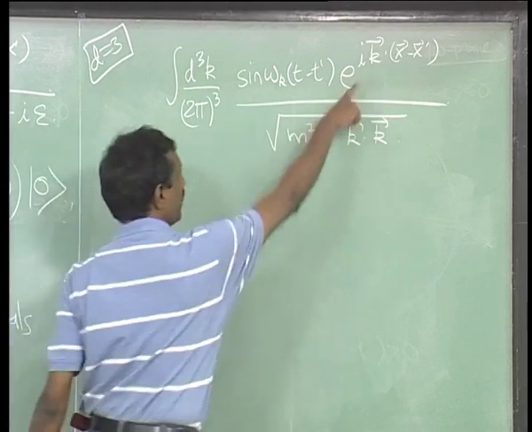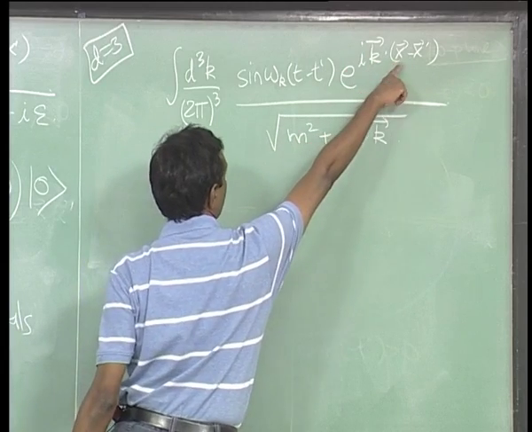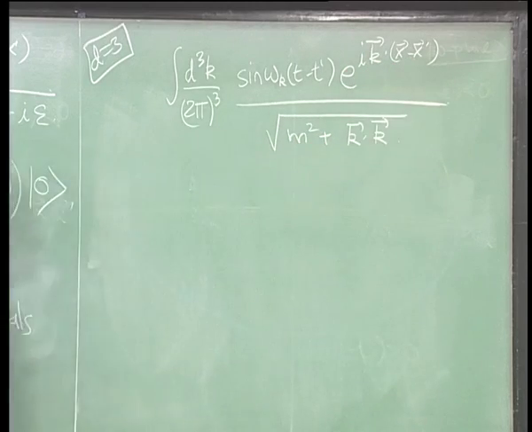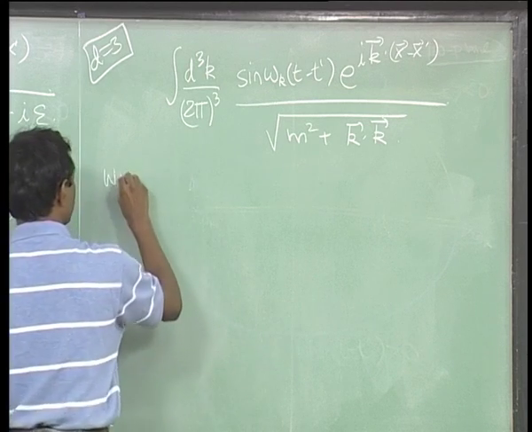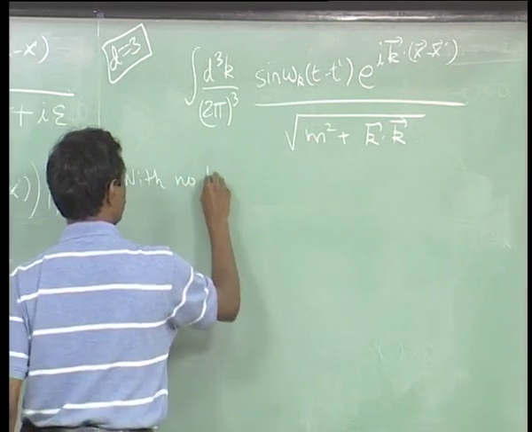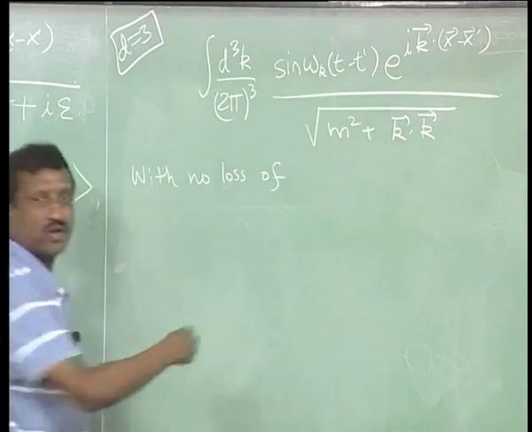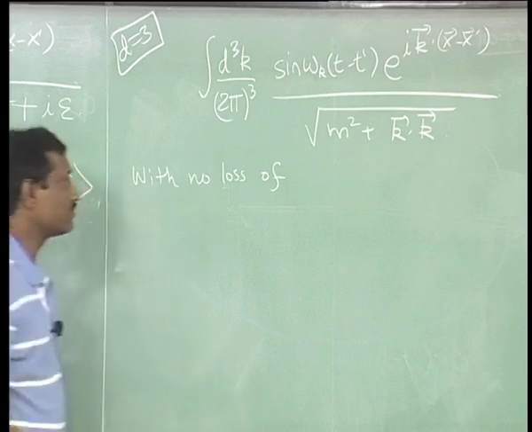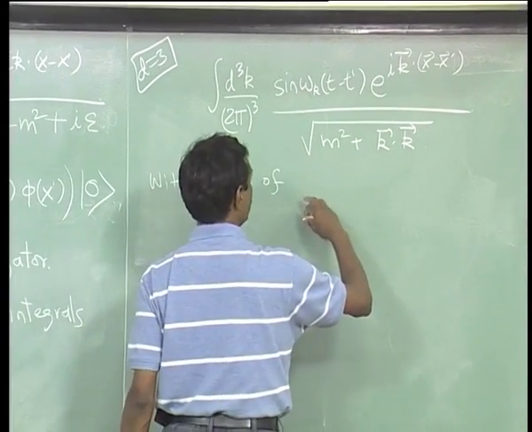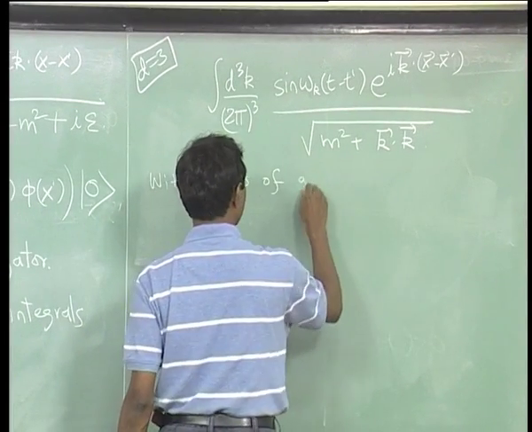Since you are averaging over all k, and this is for a fixed x minus x prime, with no loss of generality you can say that x minus x prime is along the z direction. I am at this point only focusing on the integration part.